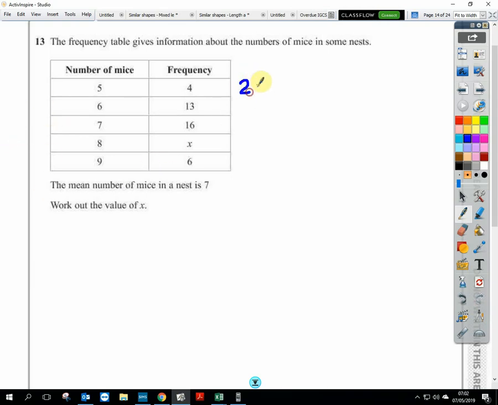So we multiply across. 5 times 4 is 20, 78, 112, this is 8x of course, and that's 54. We add all of them together. So when you add all of them together, you get 264 plus your 8x.